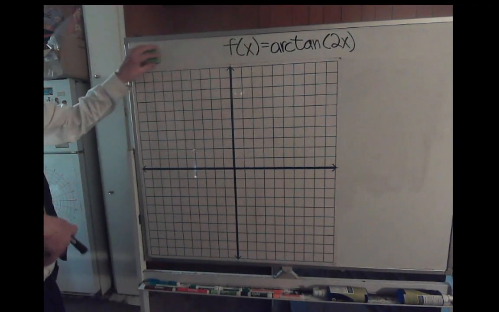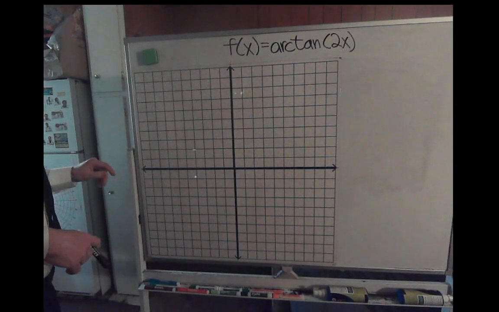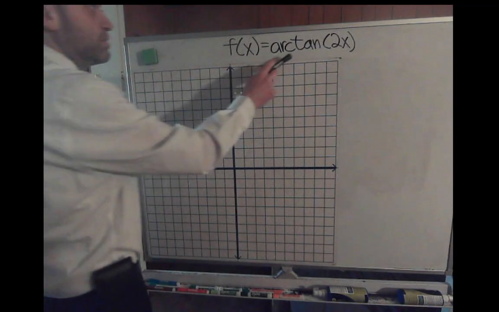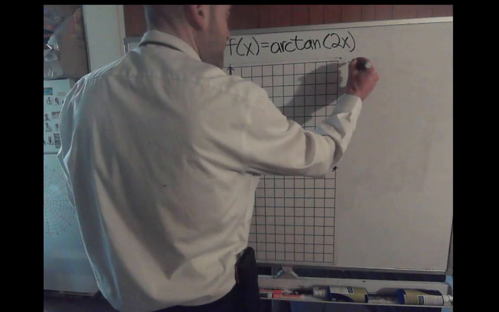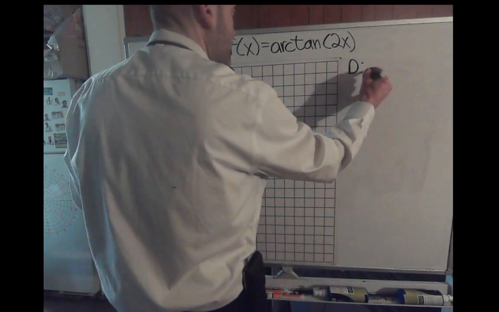Alright, so I have here f of x equals the arctangent of 2x. Well, what's the domain of your arctangent function? That's simply going to be negative infinity to infinity. Your domain hasn't changed.